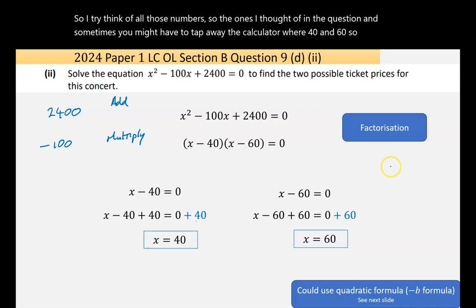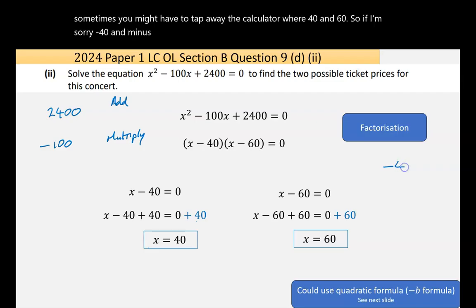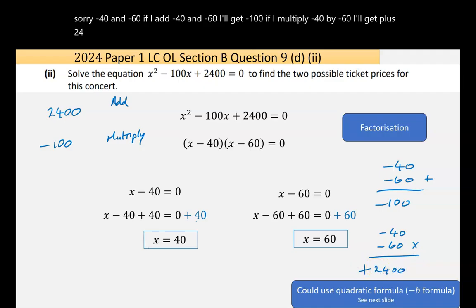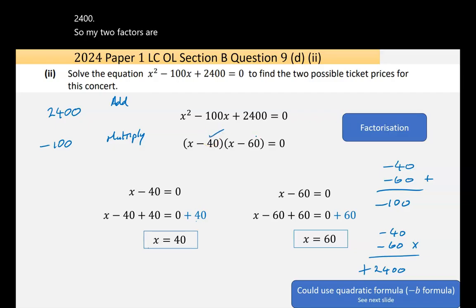Sorry, minus 40 and minus 60. If I add minus 40 and minus 60, I'll get minus 100. If I multiply minus 40 by minus 60, I'll get plus 2400. So my two factors are x minus 40 times x minus 60.